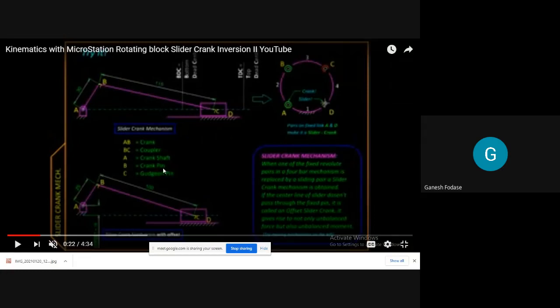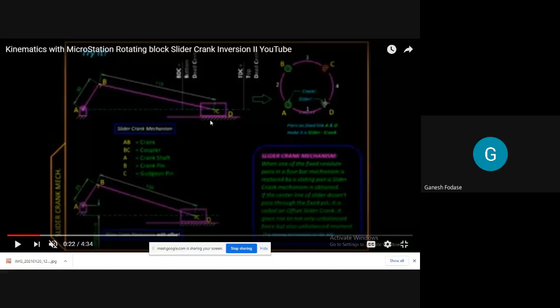Not the slider. I told you, second inversion, Whitworth mechanism. Link number 2 is fixed. The shortest link is fixed.